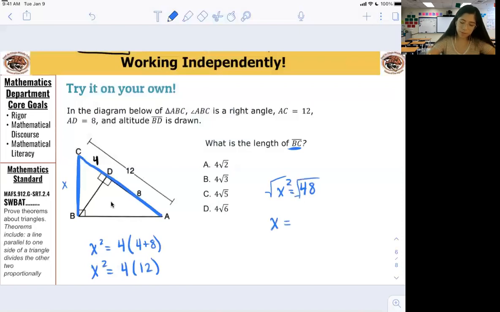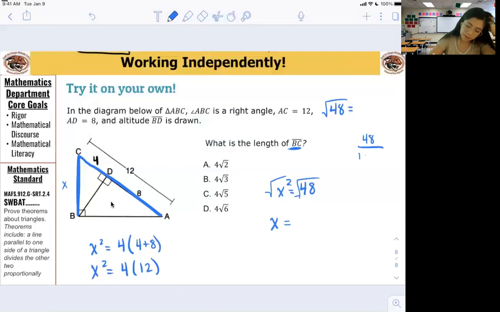And what does that simplify to? 48 splits up into what two numbers? Four and 12. Yes, 4 and 12 works.